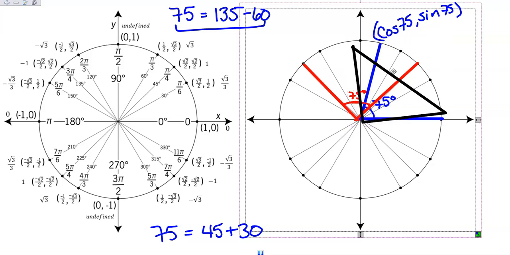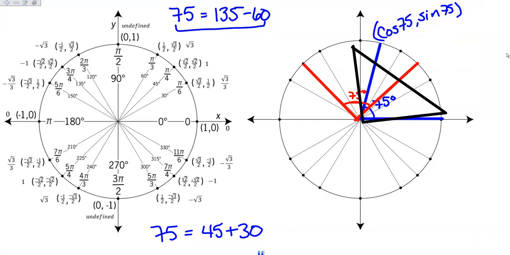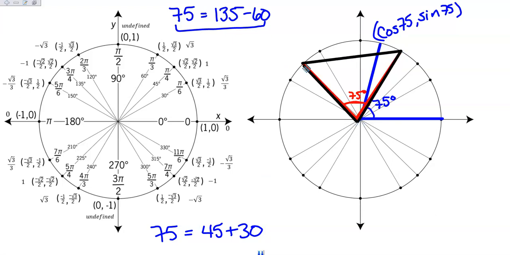Oh, because I'm goofy and I did not actually draw a 60-degree angle. Let's go back. Sorry, my apologies. This right here is our 60-degree angle. I was wondering why that was not working. Sorry if I confused you, but we all make mistakes.